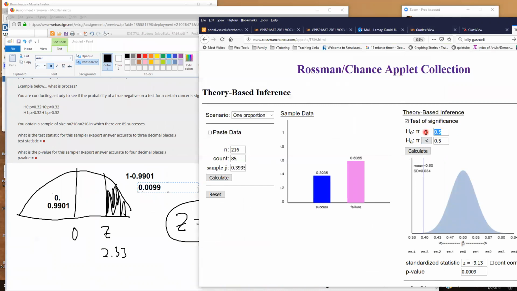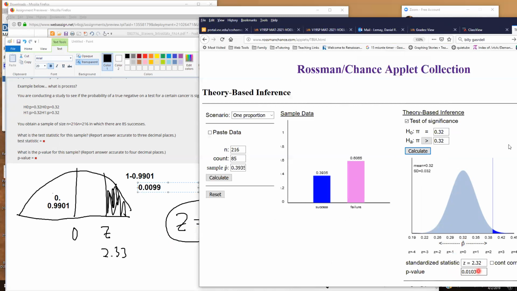I'm going to do a test of significance. I'm going to change it to 0.32 and greater than. I'm going to hit calculate, and there's my 2.32. They're getting 2.32 because the calculator didn't have to round, whereas I did. And notice that the p-value is a lot less than what I have.